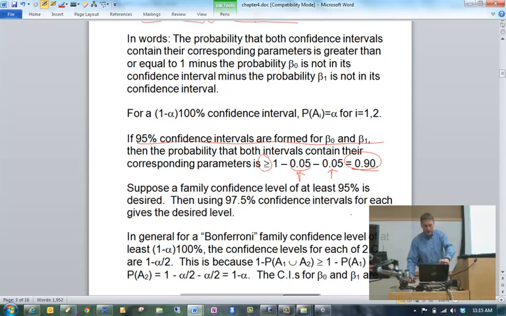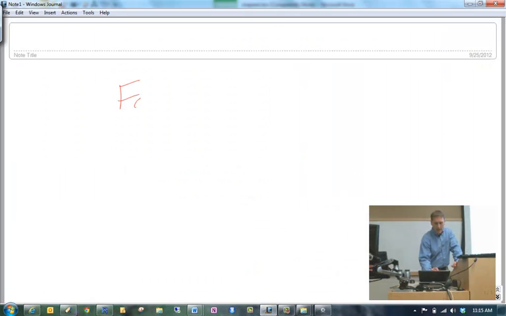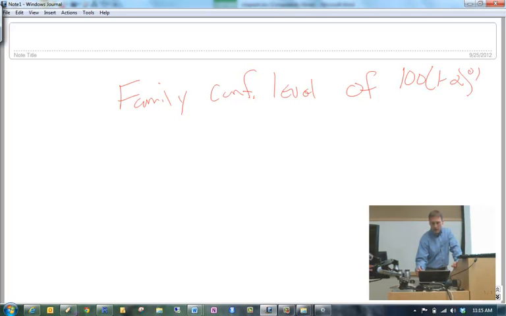So in general, if I want to have a family confidence level of 100 times 1 minus alpha percent, I should take the individual intervals to be 100 times 1 minus alpha divided by 2 percent intervals.